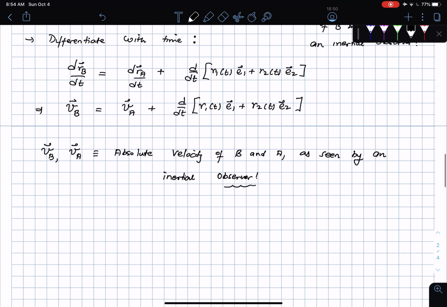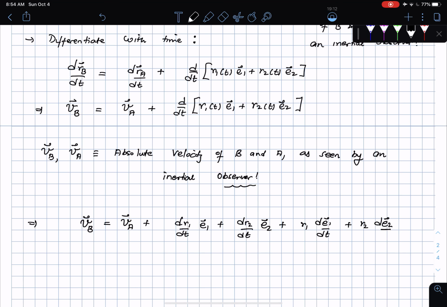Now I'm going to make use of the product rule, and then I'm going to get the following. So vb is equal to va plus dr1 by dt e1 plus dr2 by dt e2, then plus r1 de1 by dt plus r2 de2 by dt. Essentially just made use of the chain rule. dr1 by dt and dr2 by dt, I'm just going to write as r dot.